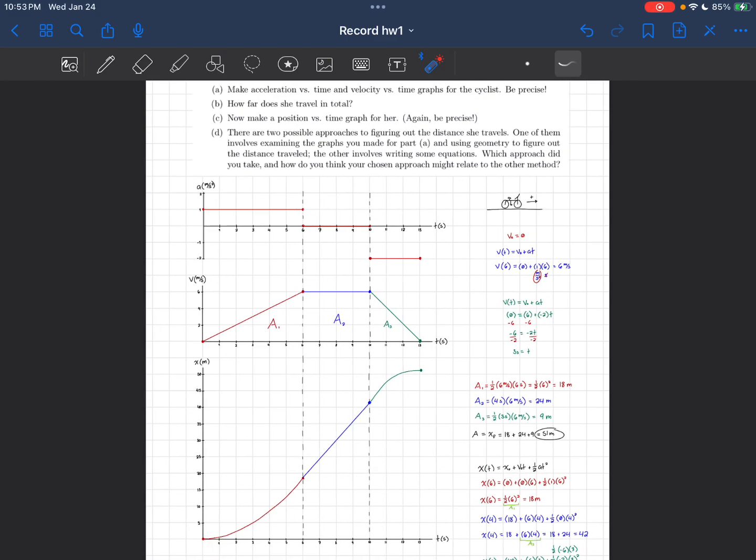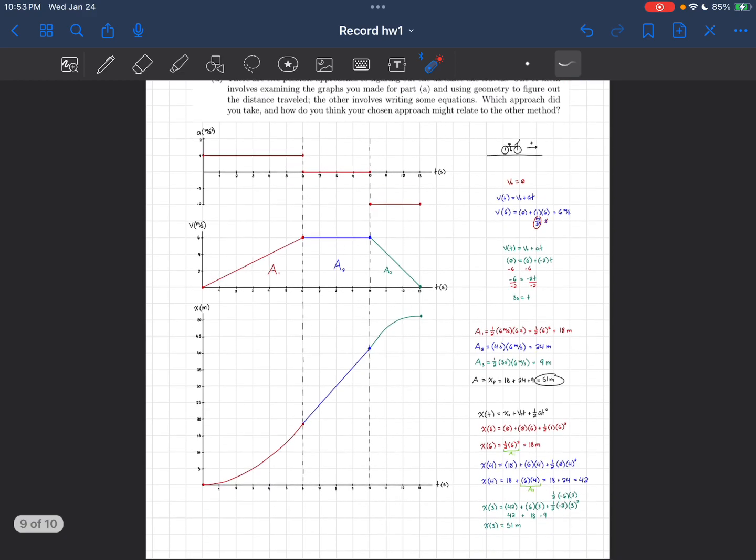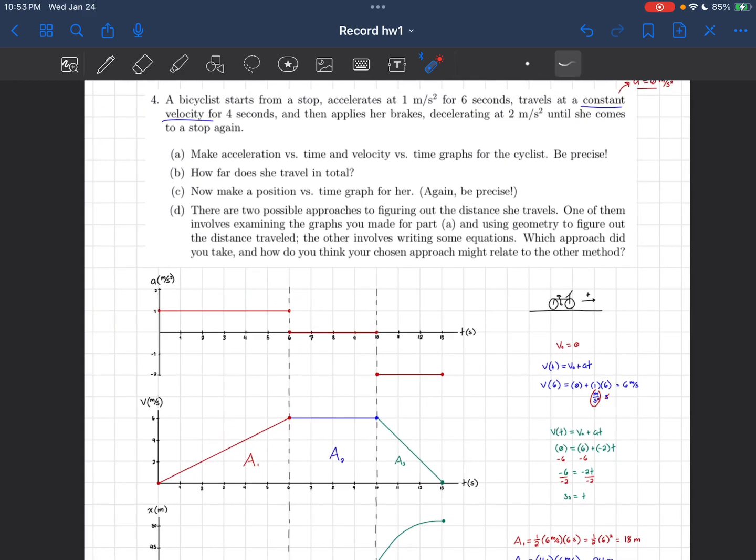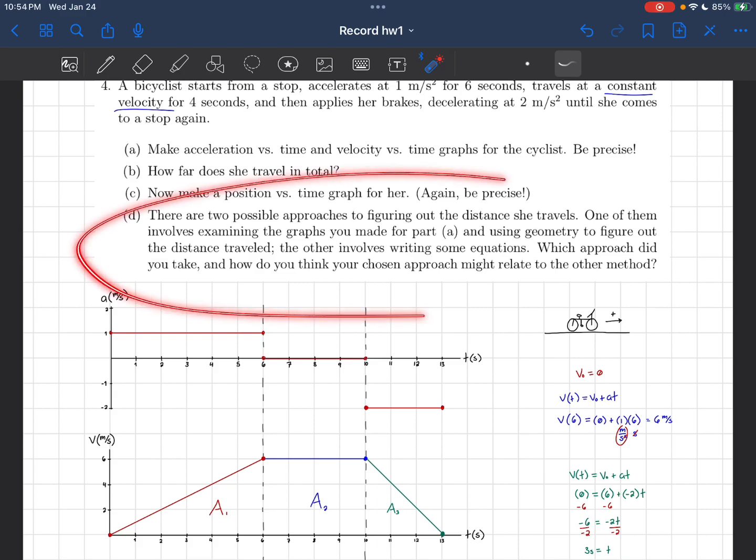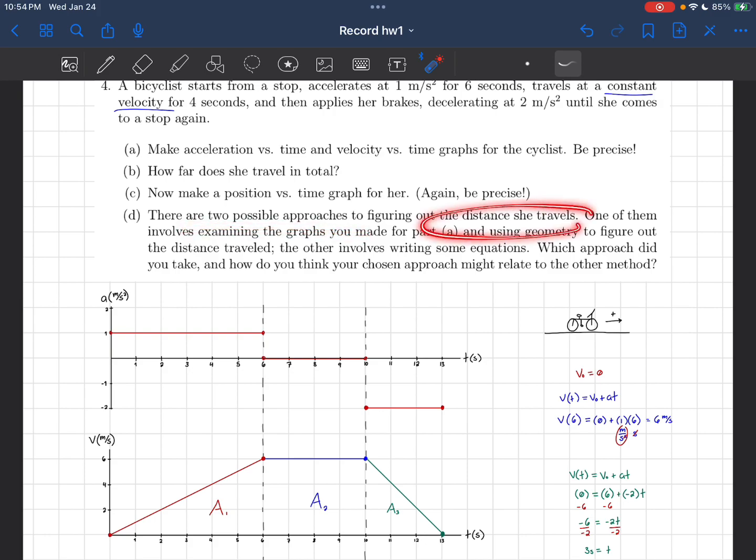Right. So we have graphed all of our graphs, and we accidentally did part D before we even were supposed to. The two possible approaches to figuring out the distance traveled: one of them involves the graphs, and one involves writing some equations.